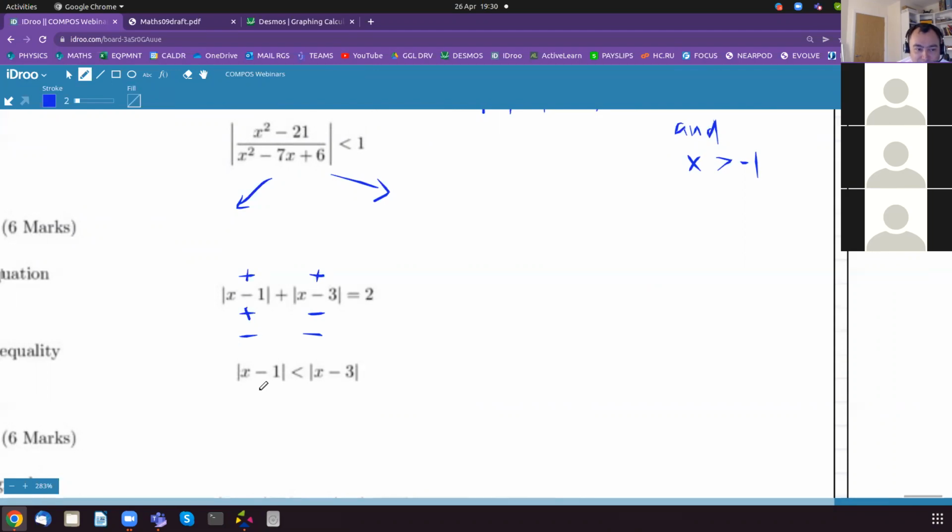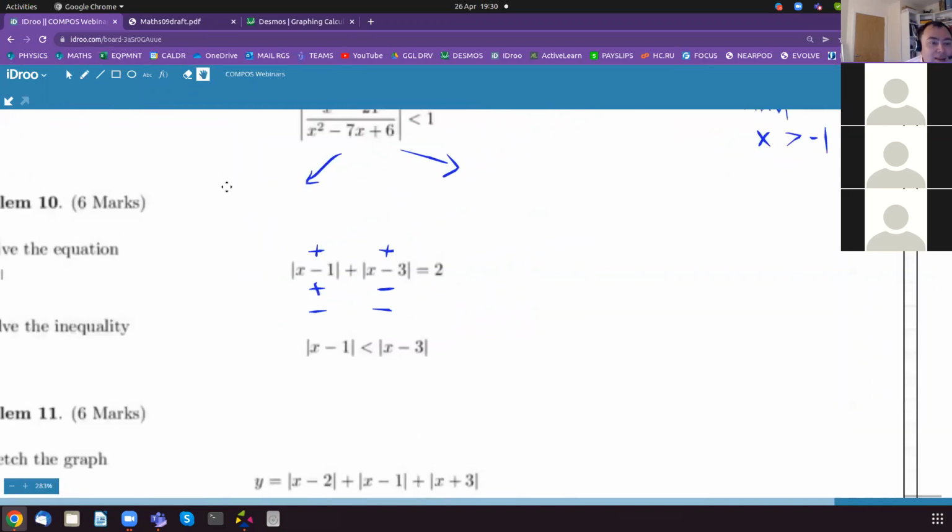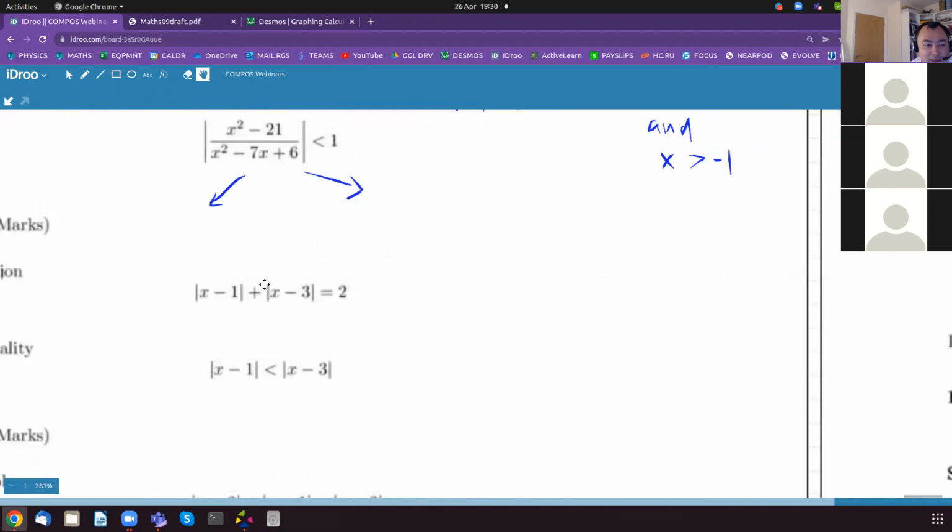Negative, positive is not possible, because if x minus 1 is negative, x minus 3 cannot be positive. So there are only three possibilities here. And you just have three different, oh, that's an equation. Oh, that makes life easier. Okay, that's an equation.